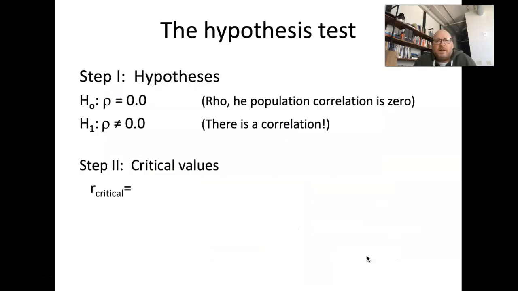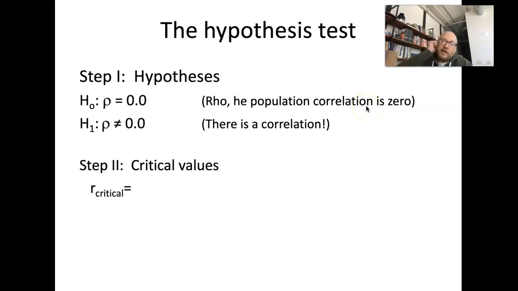Let's do the first couple of things here. The first step in hypothesis testing is to write out a null and alternative hypothesis. Here the null hypothesis is written like this. That is the Greek letter rho. The null hypothesis is that rho, the population correlation, is 0.